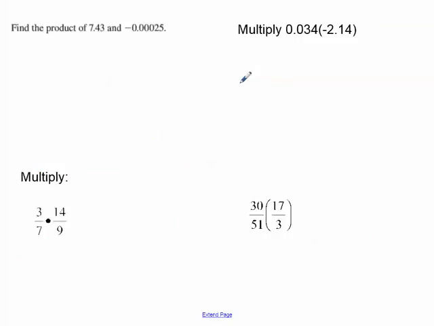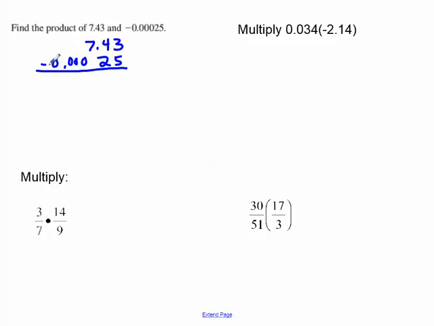So if we take a look at something like this, 7.43 times negative 0.00025. Essentially, we'd pretend that the decimal point disappeared, and we're just multiplying the important digits, 25 multiplied by 743.